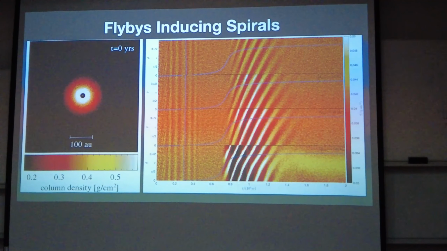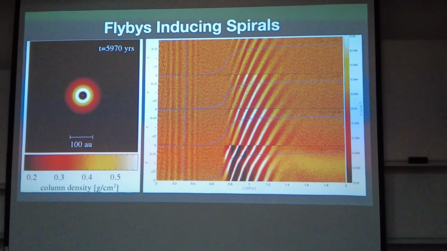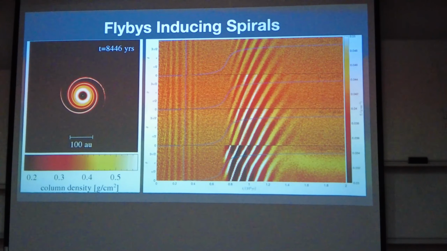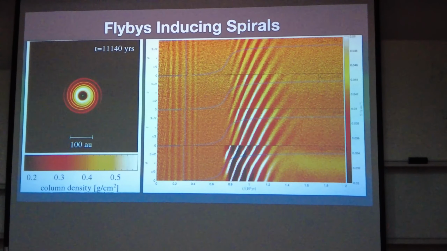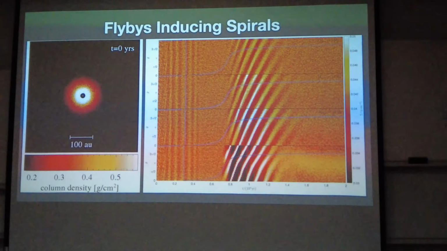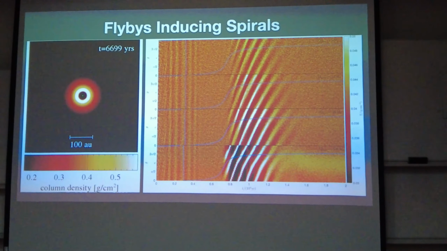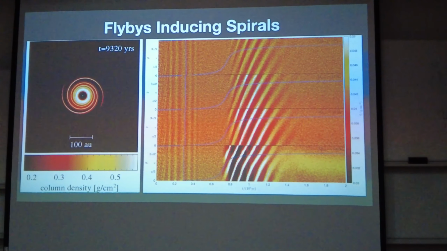So if you could just play the movie. We're looking at a primary disk here, and the flyby is on a parabolic orbit. It will fly by and produce these spirals in the disk. As a flyby crosses periastron, it will produce these spiral features in the disk.